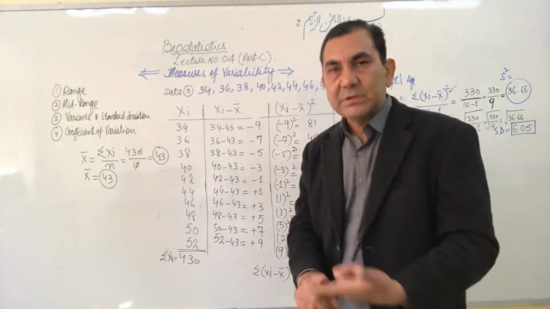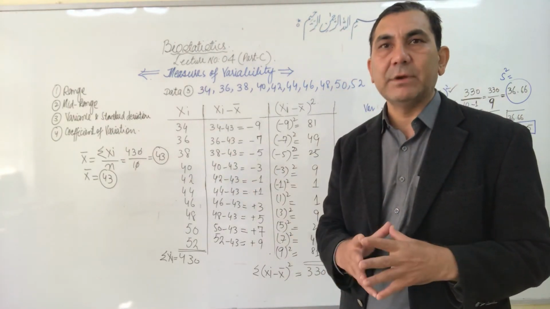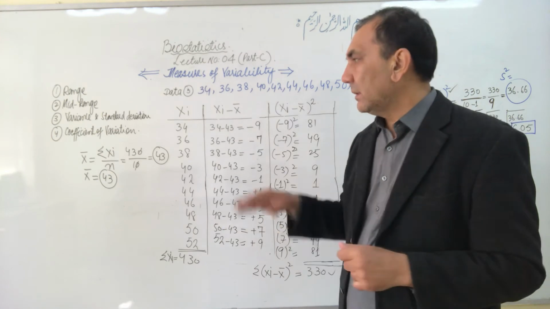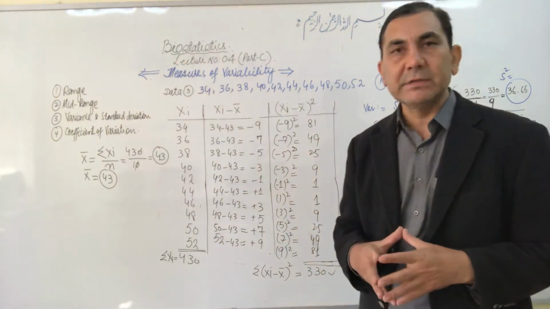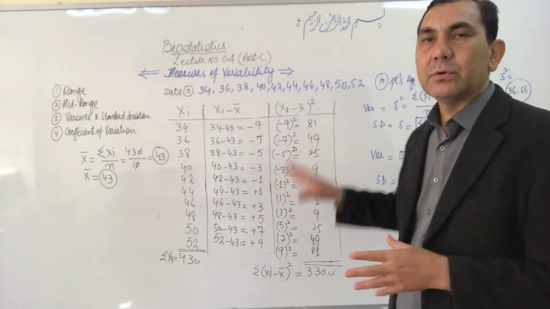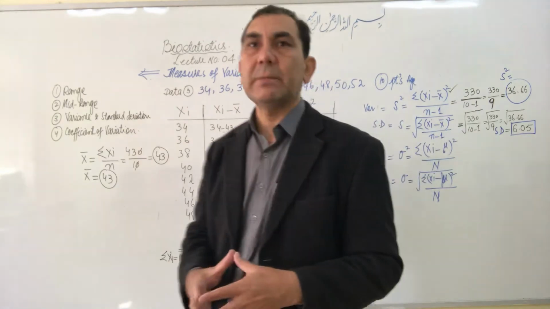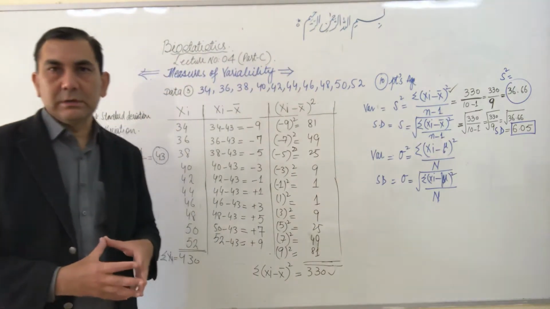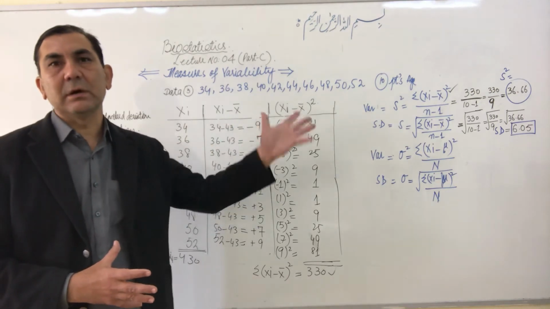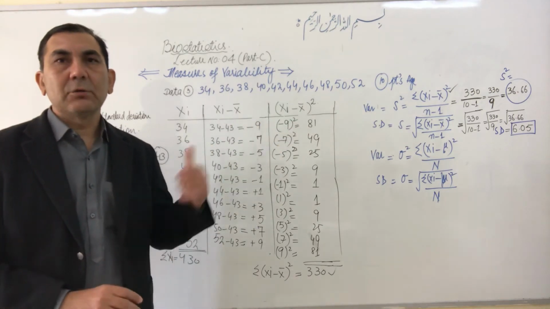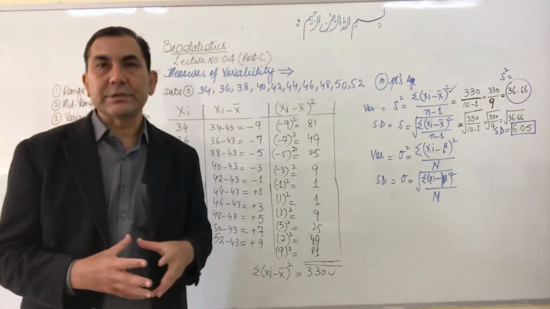In the first part of the lecture, we learned how to calculate the range and the mid-range of the data. And in the second part of today's lecture, we measured the variance and the standard deviation through this formula. I hope the concept about the measurement of the variability of the data through the different methods is clear. Tomorrow we will measure the coefficient of variation of the data set.